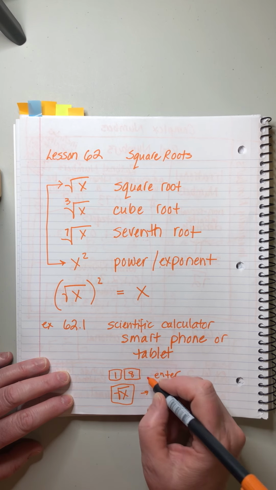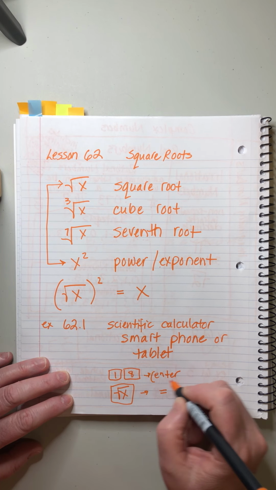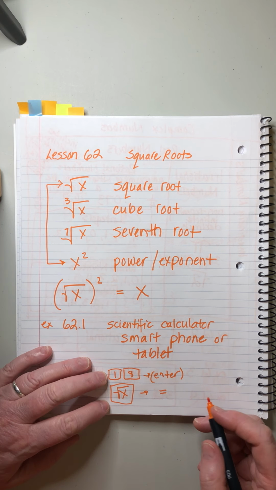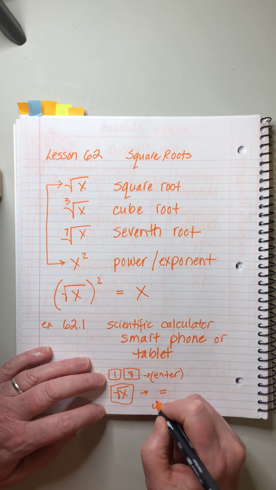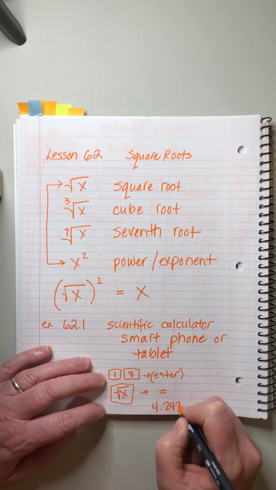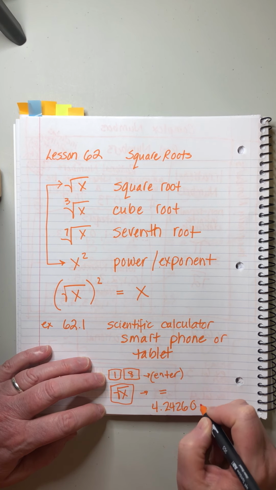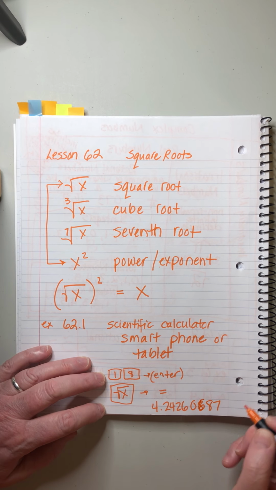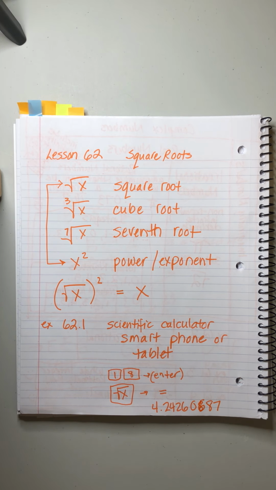And then you hit equals, okay? These, you just enter them in. And the answer that you should get is 4.2426080687.